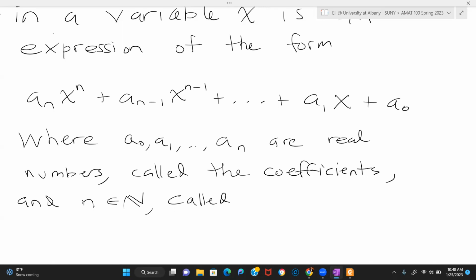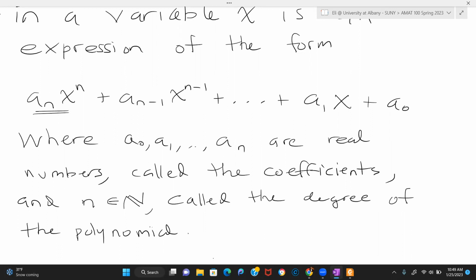So n is a natural number, and what do we call this number n? The degree. So it's the degree of the polynomial. And then these things in the sums right here are called the terms.